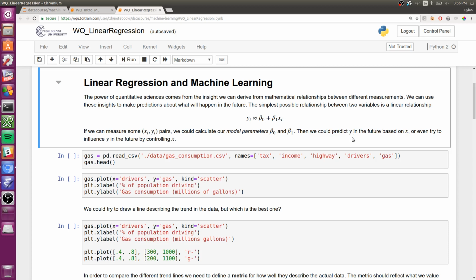So for example, I might have an engine, and I would like to predict how much fuel the engine will consume when it's operating at different RPMs. It's easy for me to measure the RPMs at any time.